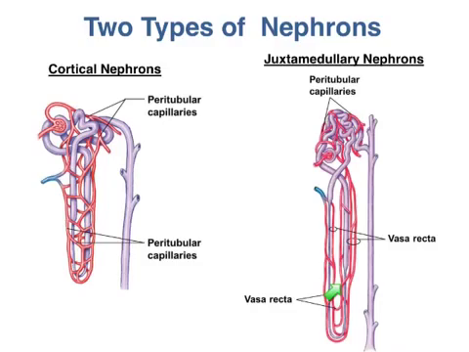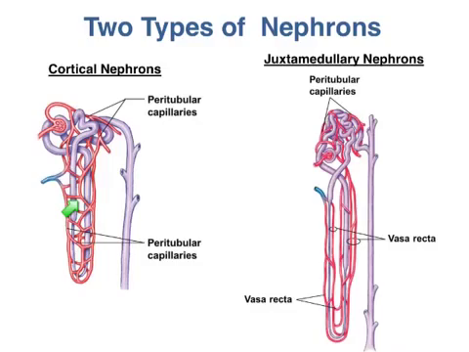There are some differences in the paratubular capillaries of these two as well. So cortical nephrons have paratubular capillaries wrapping around their proximal and distal convoluted tubules and around the loop of Henle.